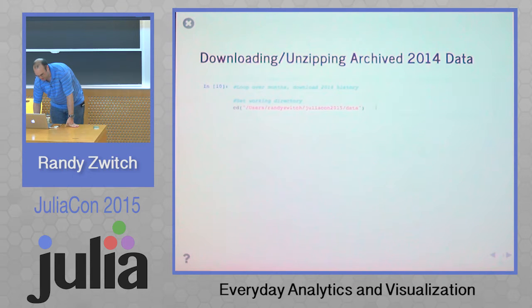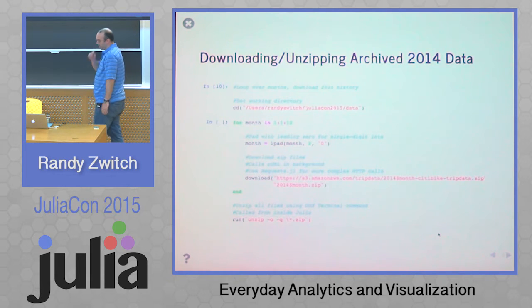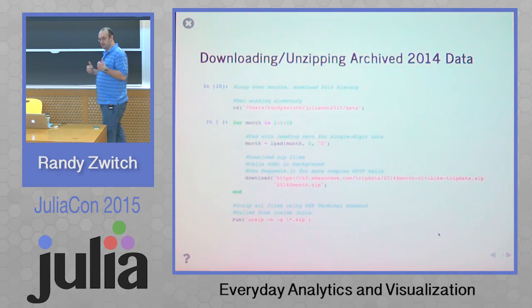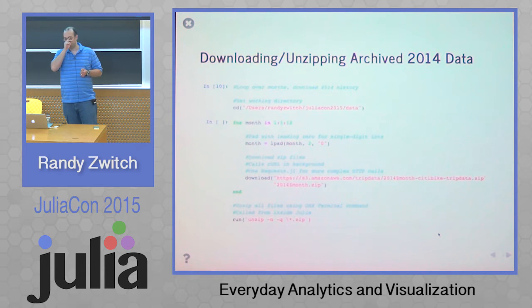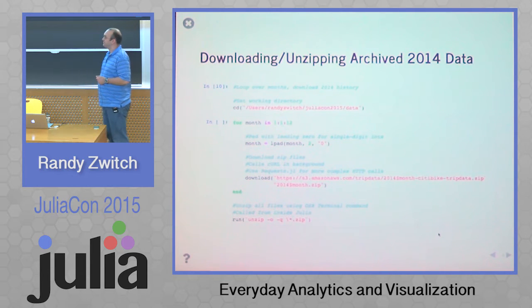Okay, so the first thing I do is I'm setting my working directory. And so if you run this bottom set of commands, it's really just a simple loop. So you can see that it's really somewhat trivial to download a lot of data, and in this case, 12 CSV files or 12 zip files that get extended to CSV.